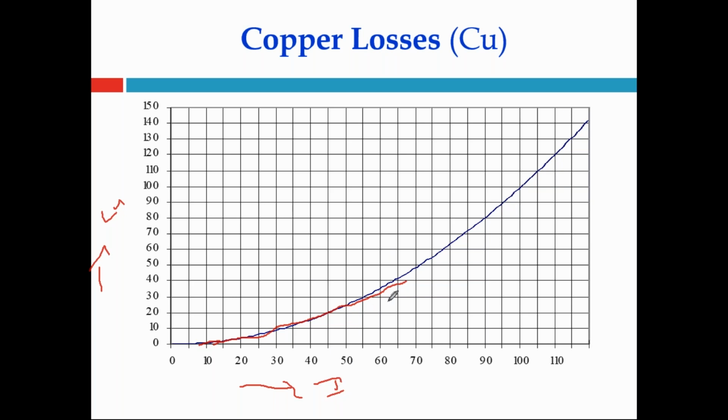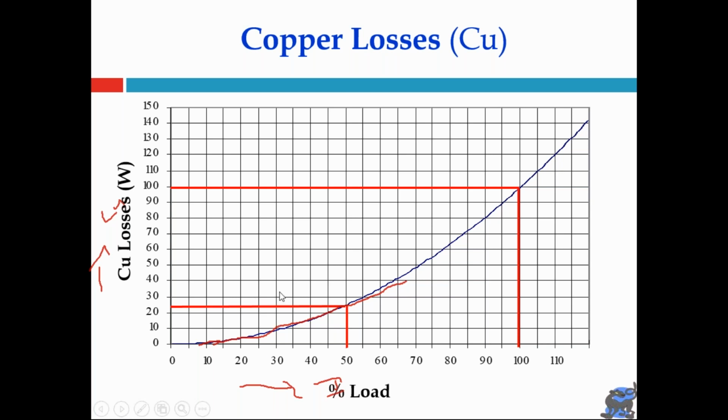So this graph represents how the copper losses vary in a transformer with respect to the load and load current. For 50% of load, that is half load, how much loss are you getting? 25, right? And when the load is completely 100%, then we get 100 copper losses.